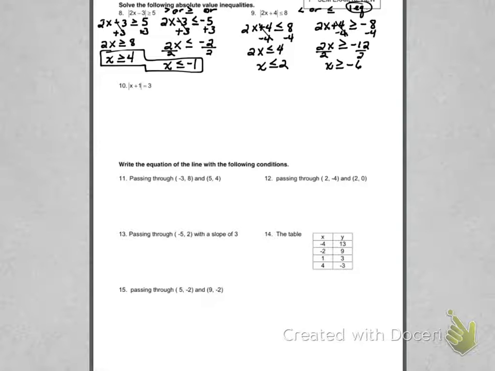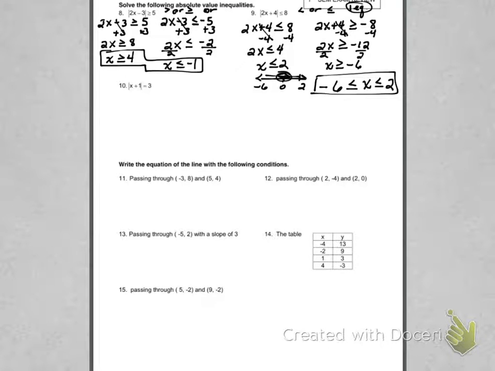So thinking again about how to write this, if I don't remember, think about a number line. You have negative 6 here, 0 here, 2 here. It's less than 2, and it's greater than negative 6. So these lines are going to overlap. That means you're going to write it as one equation. Write the lowest number first. Negative 6 is less than or equal to x, which is less than or equal to 2.